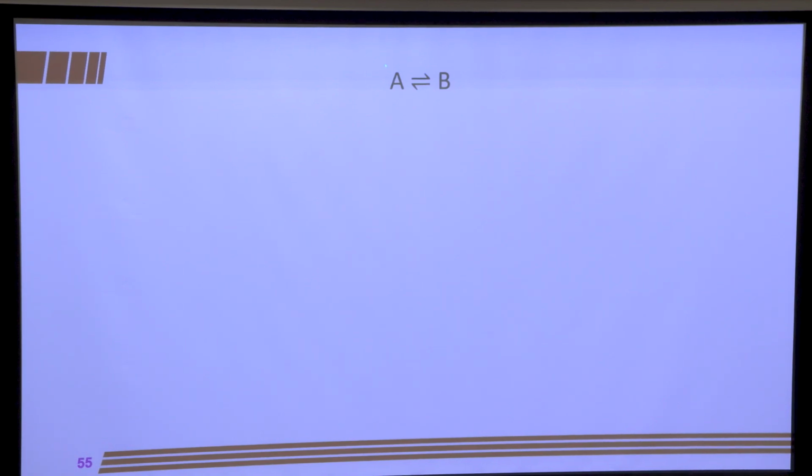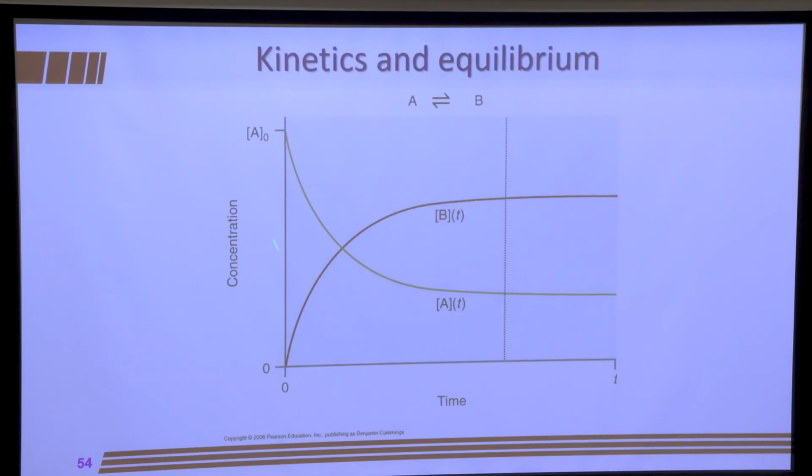So we have, as I said, an equilibrium A to B. It starts out at the very early stages, and all we have is A goes to B. We have no B going to A because the concentration of B is so small that the rate of reaction is very low.